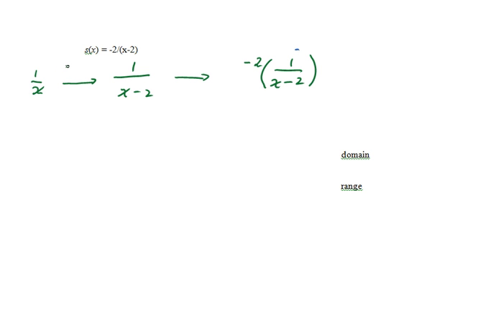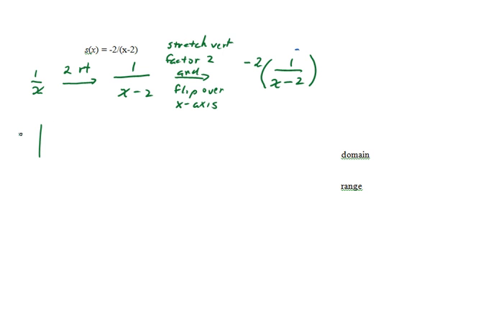So we'll be going 2 units to the right, then we'll be stretching vertically with a factor of 2 and flipping over the x-axis. If you prefer, you can leave the flipping over the x-axis off and say that the factor is -2.